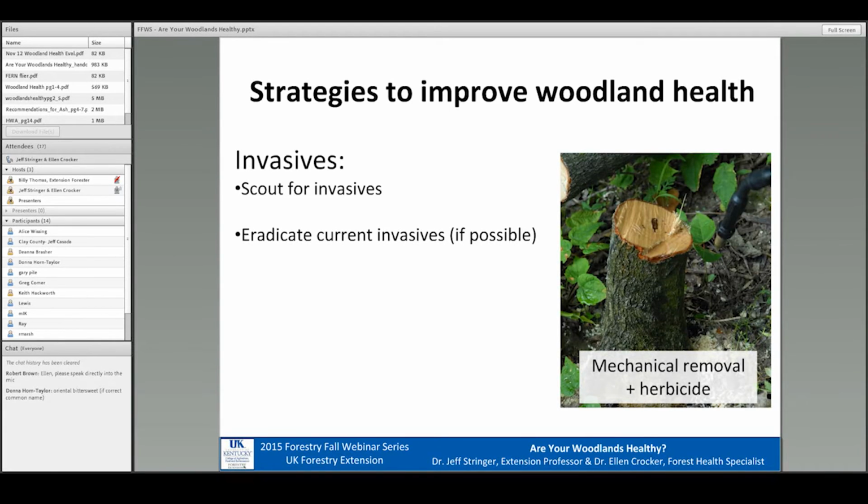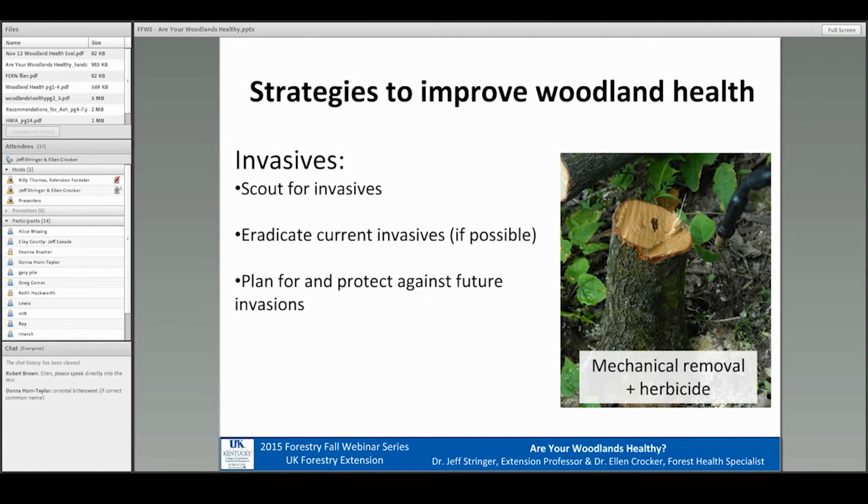So especially with those invasive insects and diseases, but even with the plants, the next important step is going to be planning for and protecting against future invasions. Unfortunately, these invasions are going to keep happening. It's going to continue to be a feature of what needs to be done to maintain woodland health.